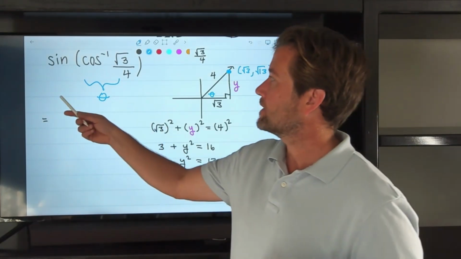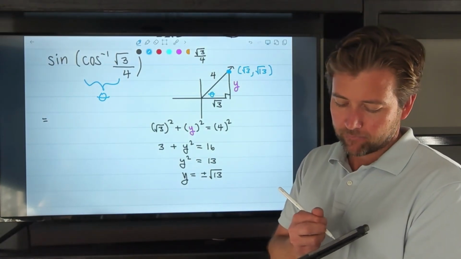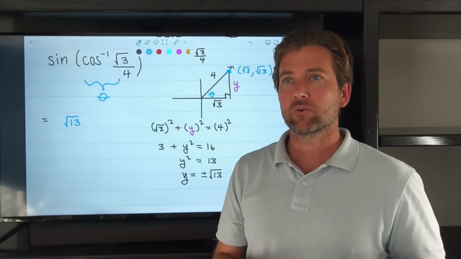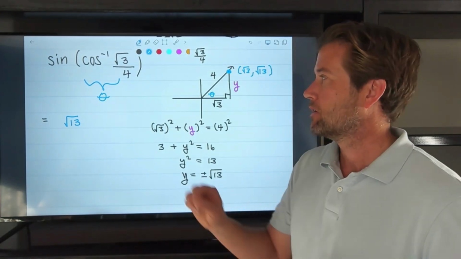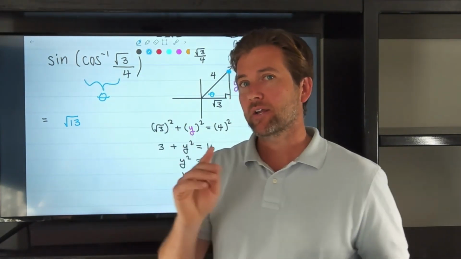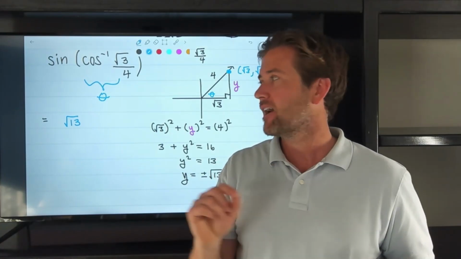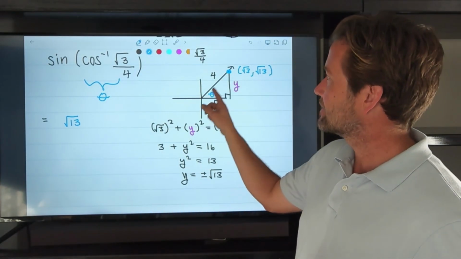Now, sine of the angle. You're like, it's the y value, it's the y value. Well, that's true when the angle intersects a unit circle and that y value is a point on the unit circle. But you know the sine function goes up to 1 and down to -1. Sine cannot output a value bigger than 1, so that's off. It's because this is not a radius of 1.